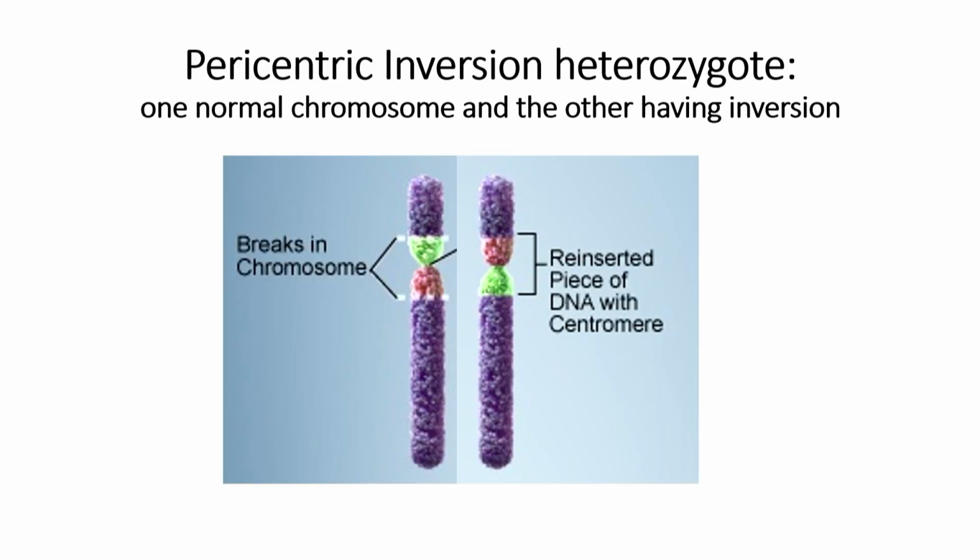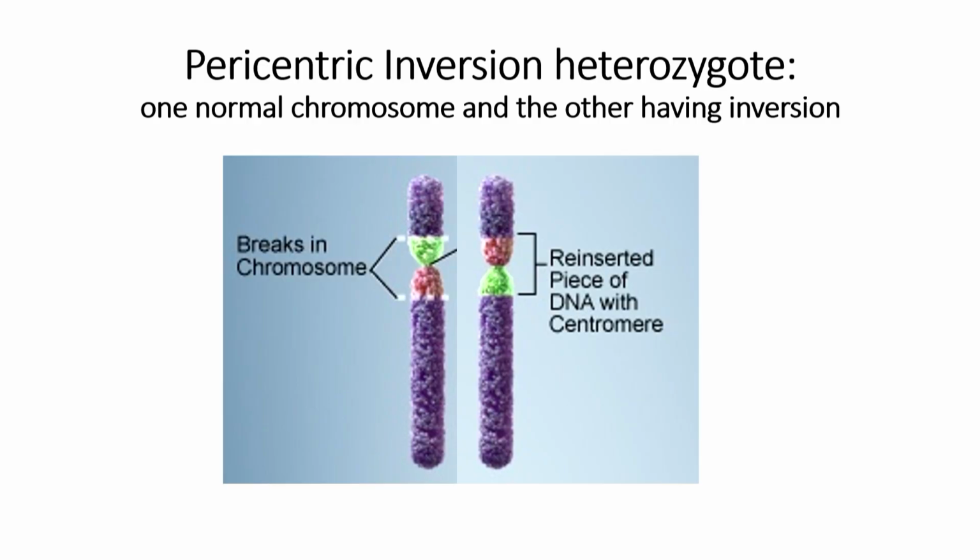Next, we talk about pericentric inversion. In the previous slide, we talked about paracentric inversion, where the centromere is not involved, and you saw that a dicentric chromosome and an acentric chromosome formed. In pericentric inversion, in the heterozygous condition, this is the normal chromosome and this one has the inversion.